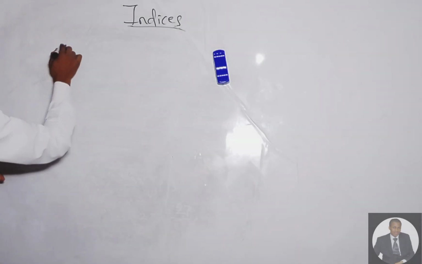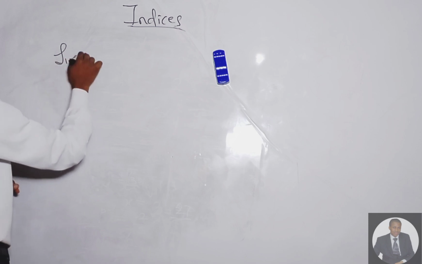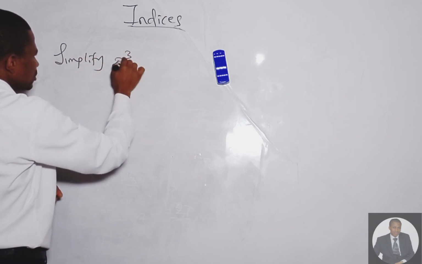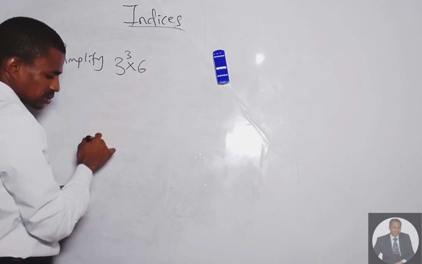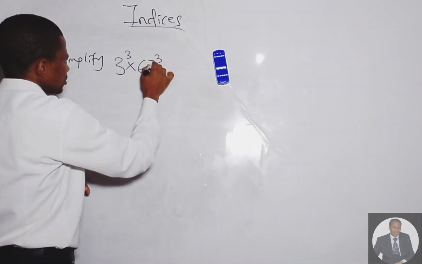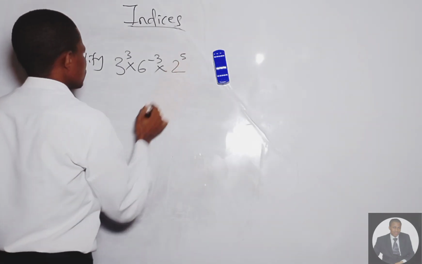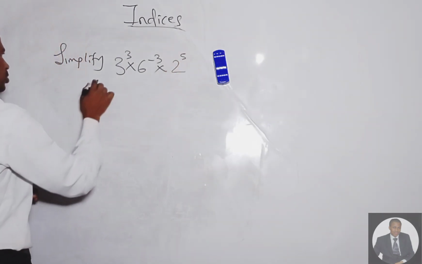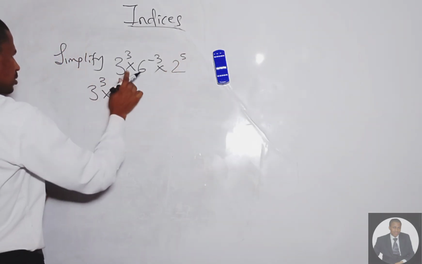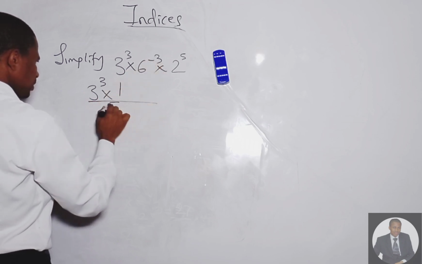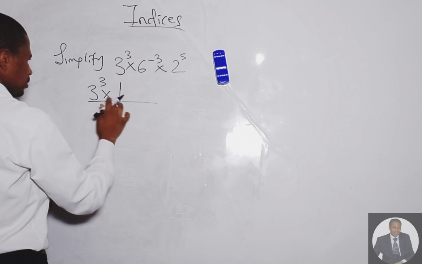Question, simplify. What are we simplifying here? 3 raised to the power 3 times 6 raised to the power minus 3 times 2 raised to the power 5. How do we do this? 3 raised to the power 3 times 6 raised to the power minus 3 is 1 over 6 raised to the power 3.